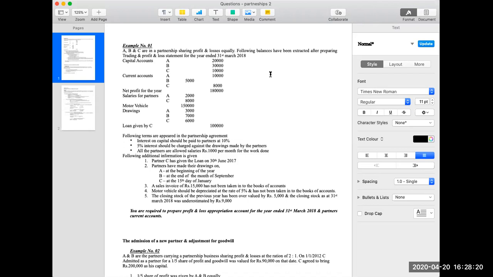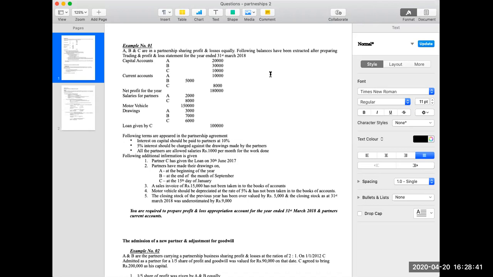partners' current accounts. Now what we have to do is, first we will draw the accounts. P&L appropriation account. For the time being, I will explain it to you, and later on I will upload the answer to you. Right.